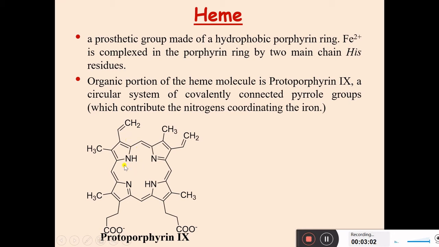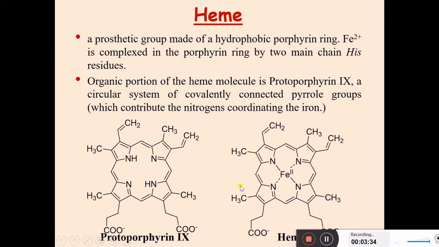So this protoporphyrin 9 has 4 pyrrole groups, and this circular framework is appended with 2 vinyl groups, CH-CH2, CH-CH2, 4 methyl groups, CH3 here, CH3 here, and CH3 here and here, and 2 propionate groups, CH2, CH2, CO minus, and in this pyrrole group, CH2, CH2, CO minus.